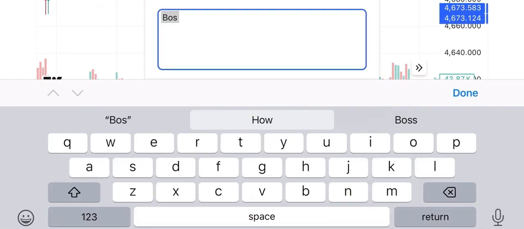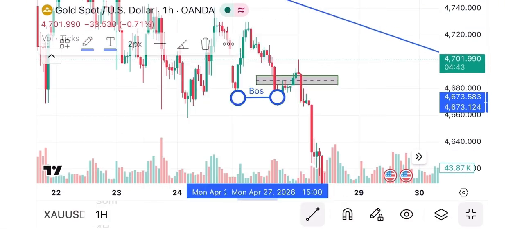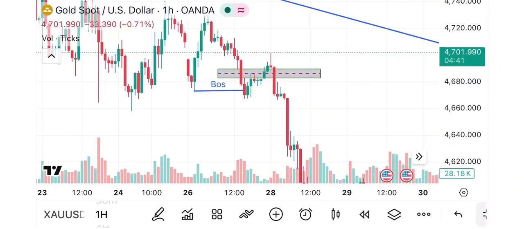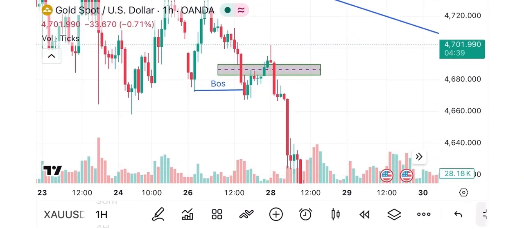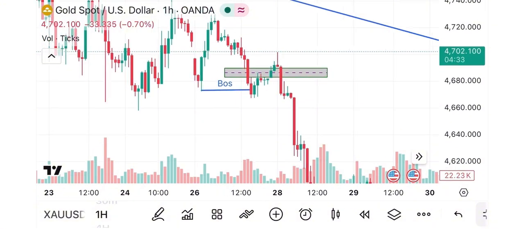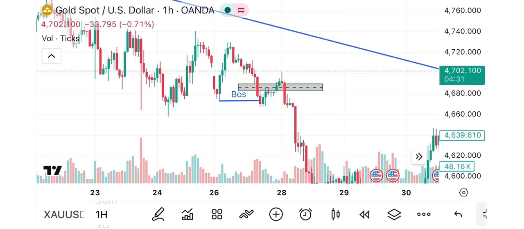So as you can see, after seeing this fair value gap and seeing this break of structure, and this is a downtrend which we drew our trend line from the overall daily trend, that is the higher time frame, the daily trend. So placing our mode of entry here, we are going short.